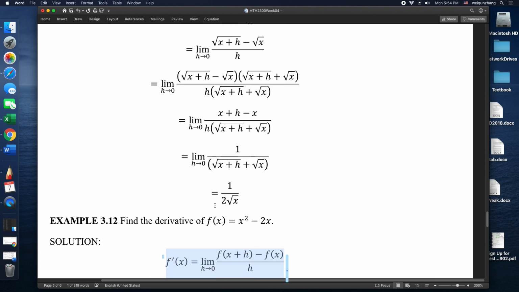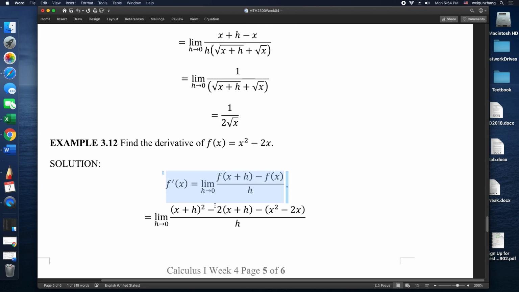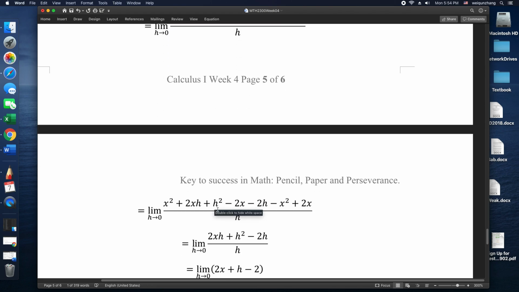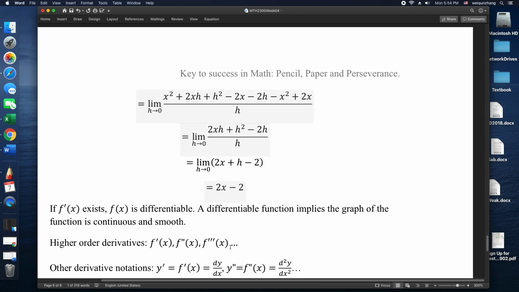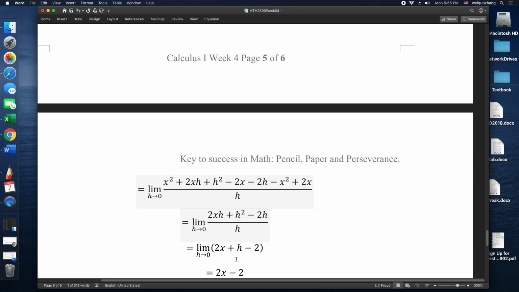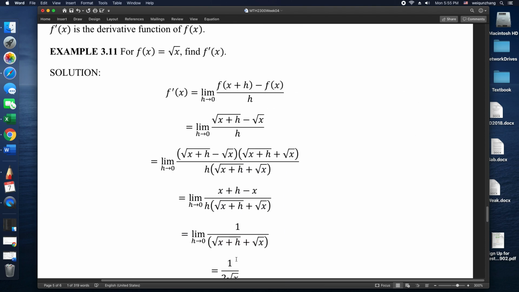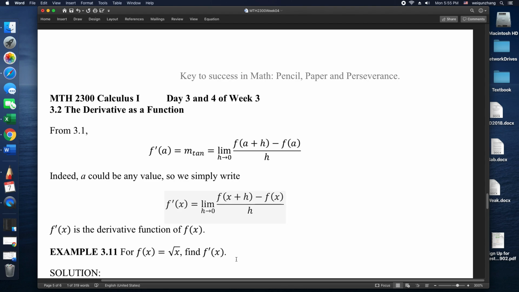All the examples require actual work, because the derivative is a limit, and those limits cannot be evaluated using direct substitution. So next time, we are going to introduce some rules and formulas to make the derivative calculation easy.